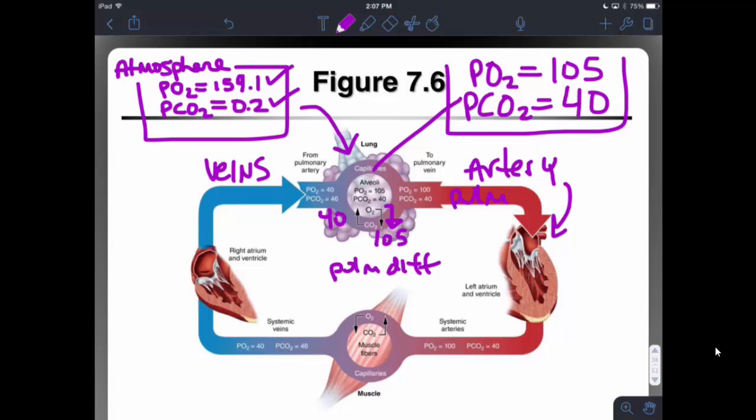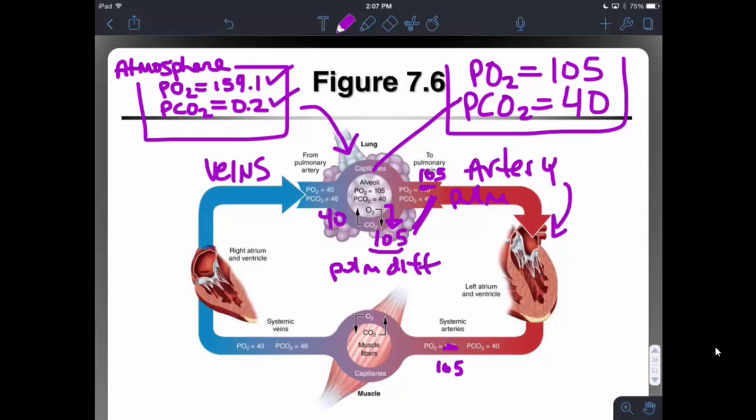So you're going to have a PO2 in the arterial blood of 105. This drawing says 100. Change it to 105. If you want to talk more about why the book says 100, we can talk about that, but at this level, let's just keep it simple for this first pass.